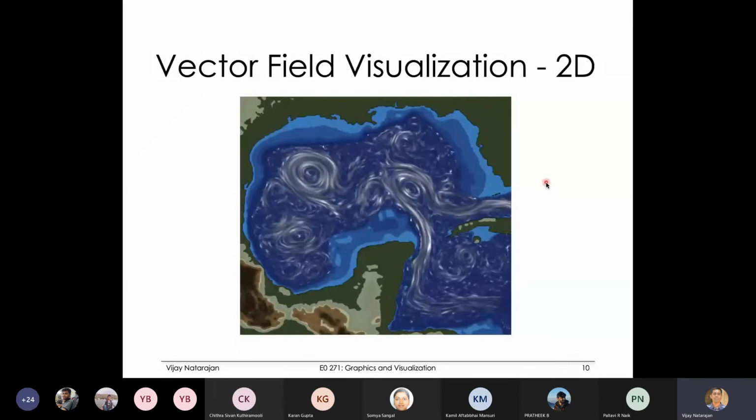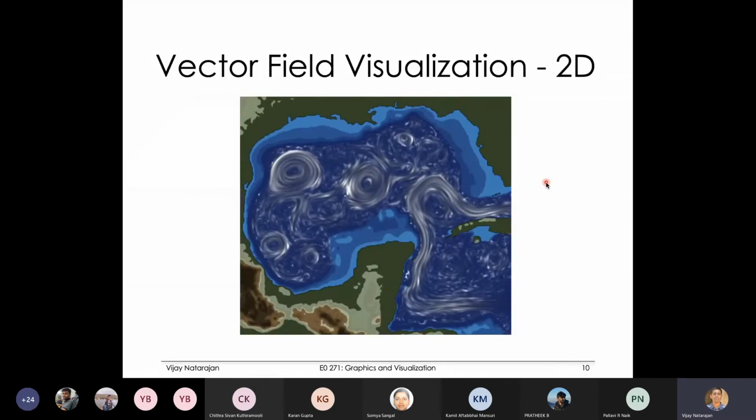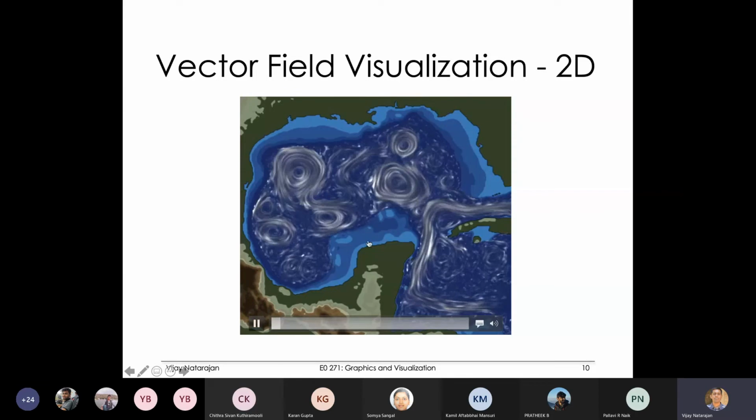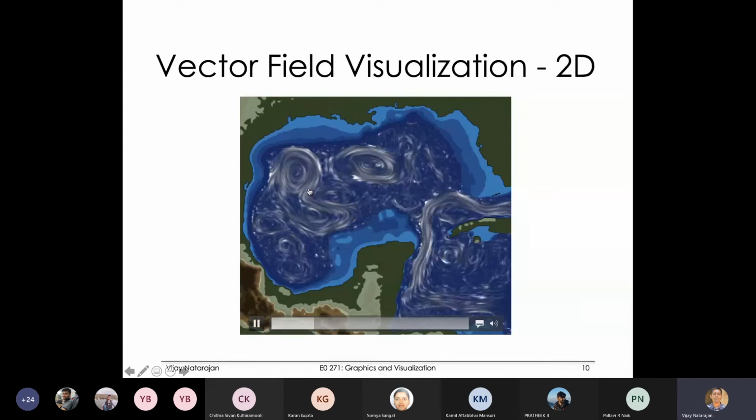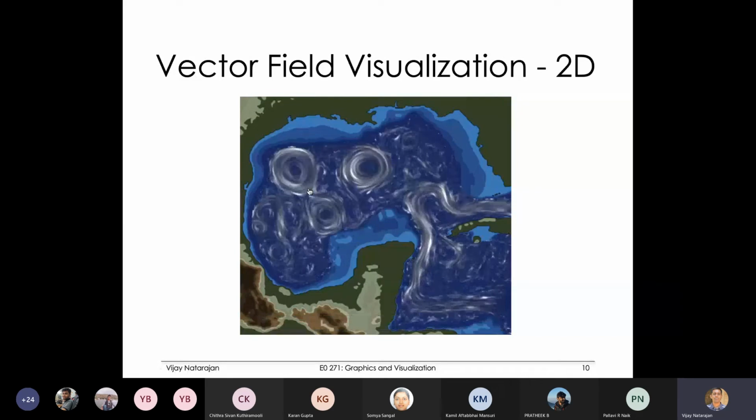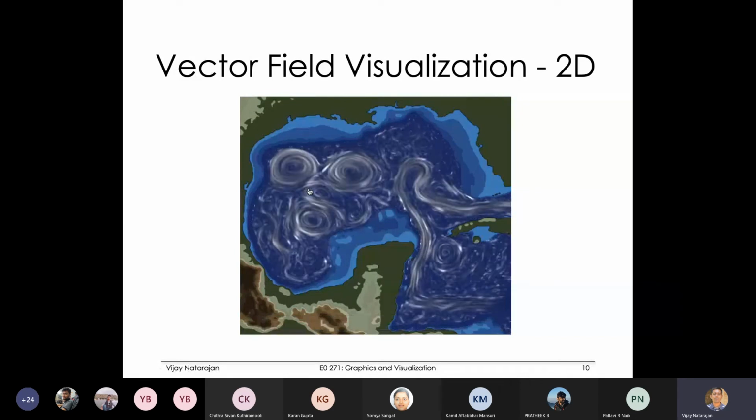In addition, to enhance the vector field, more opaque color is used for higher velocity regions, so that the higher velocity regions are highlighted.